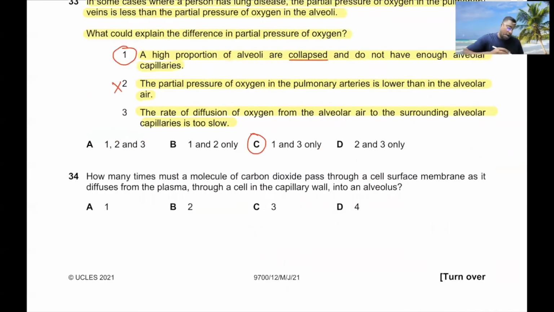34. How many times must a molecule of carbon dioxide pass through a cell surface membrane as it diffuses from plasma through a cell in the capillary wall in the alveolus? So let's look at the capillary.